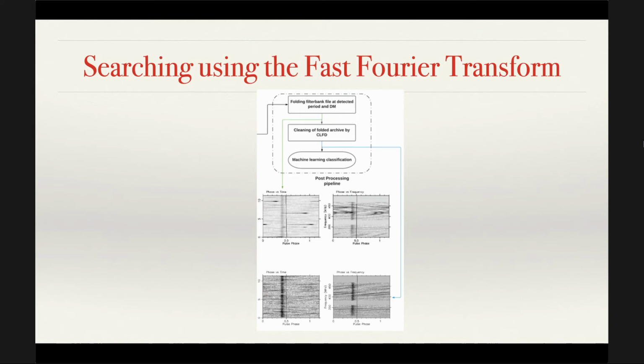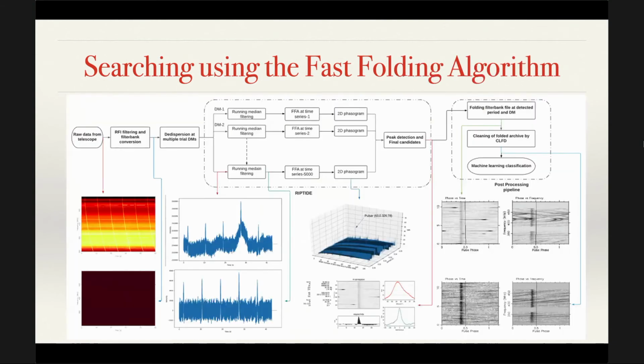So we've done single pulse searching, we've done Fourier transform searching. Now we're going to talk about what's called the fast folding method. So why do we need another method? What is wrong with the Fourier transform method? Well, you actually already got a hint of that when you looked at the issue of the de-reddening, okay?